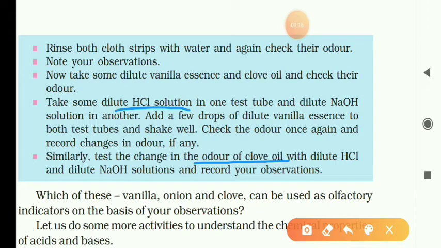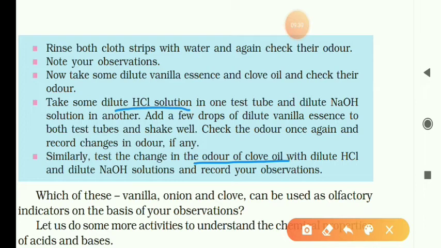So dear students, what will you observe? You will observe that when dilute HCl solution is added to the vanilla extract, onion and clove oil separately, their odors remain unchanged.